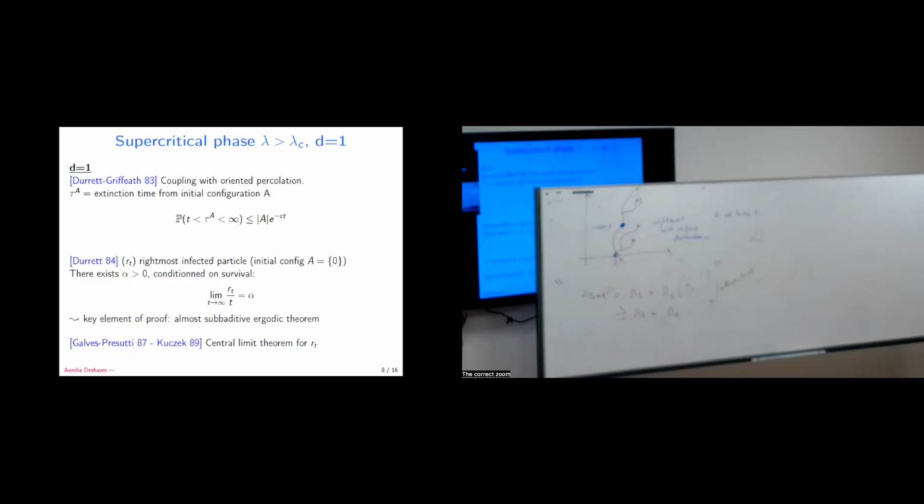So these points are kind of renewal times, and you can have a law of large numbers and some limit theorem to say that this evolution is linear, and the rightmost is never too far from this blue rightmost.